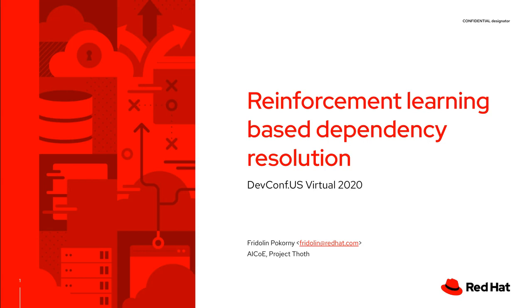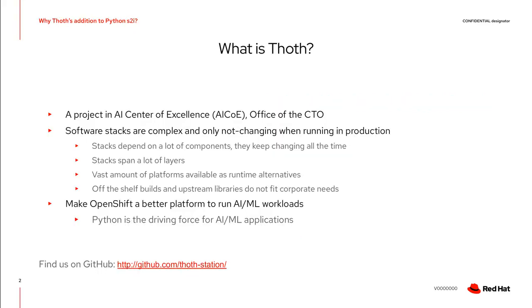My name is Fridolin, and let's start with a brief introduction about Project Thoth. Project Thoth is a project that started in a team called AI COE in the office of the CTO, and all the ideas and things I will explain were invented in this project.